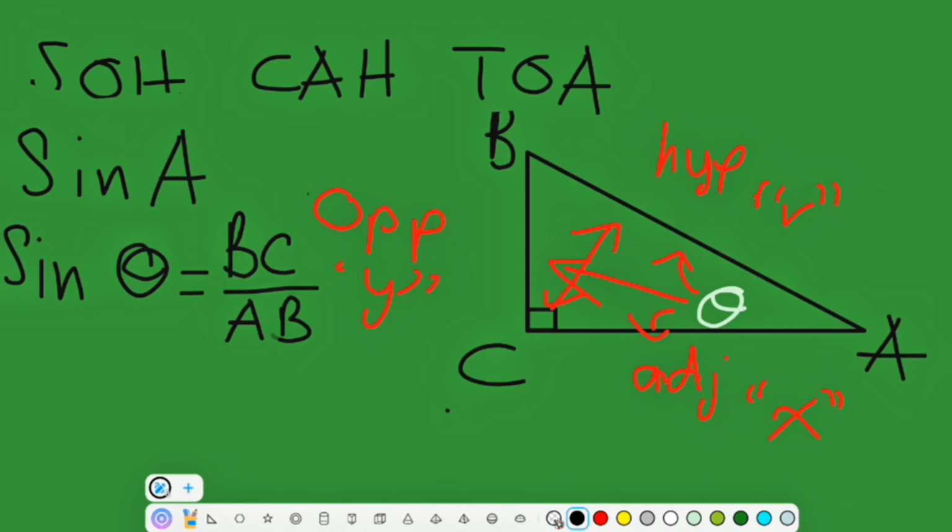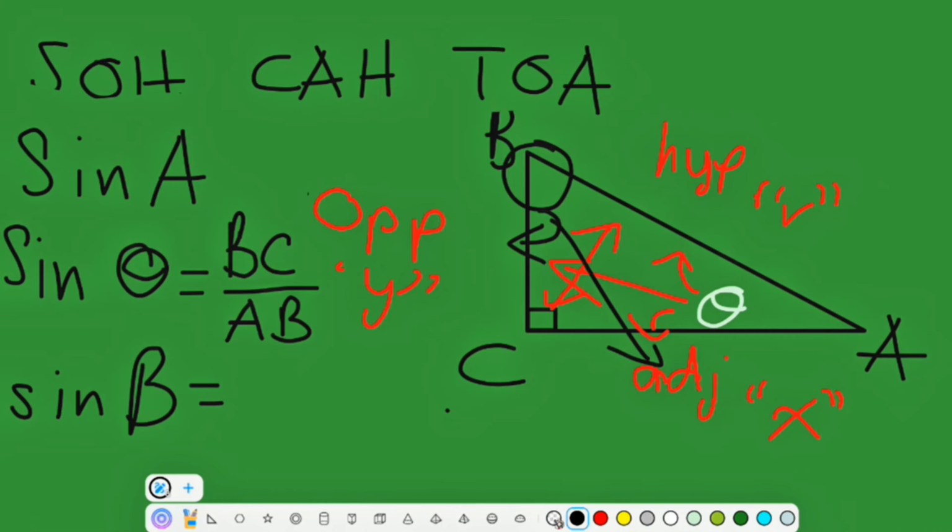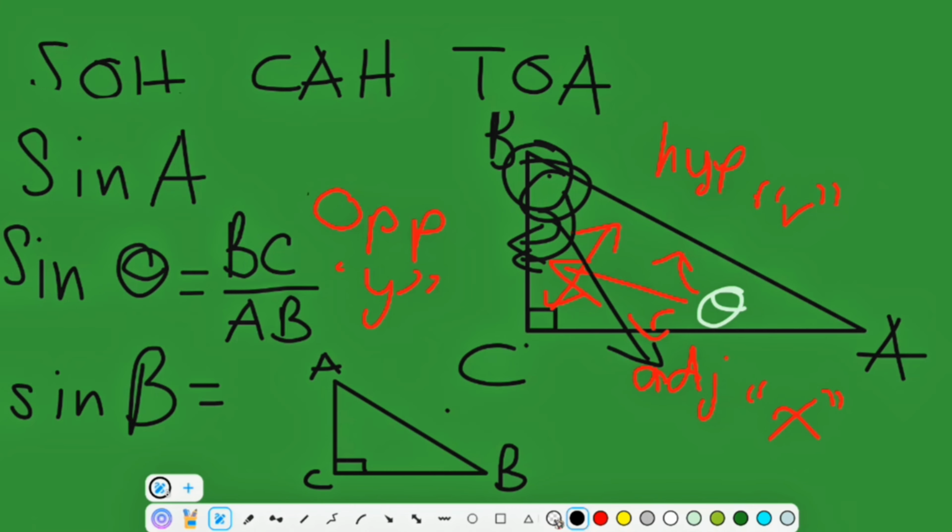Now when we focus on sine angle B, we have to make sure that this right angle triangle is in a way that the side adjacent to angle B is horizontal and the side opposite to angle B is vertical. It should be something like this.